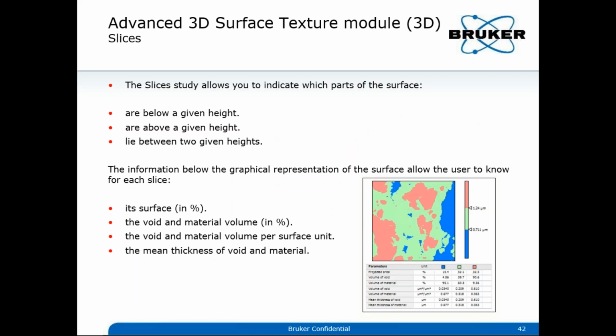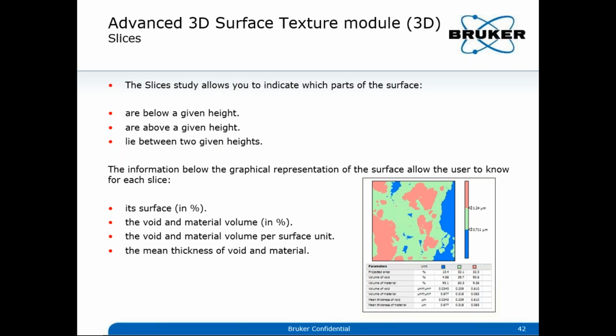You can also set the threshold for the 3D surfaces, and the color will display anything below a given height, above a given height, or in between. You can set the colors in the software, and it will tell you the distribution of which area has more red or which area has more blue, depending on the threshold that you set.